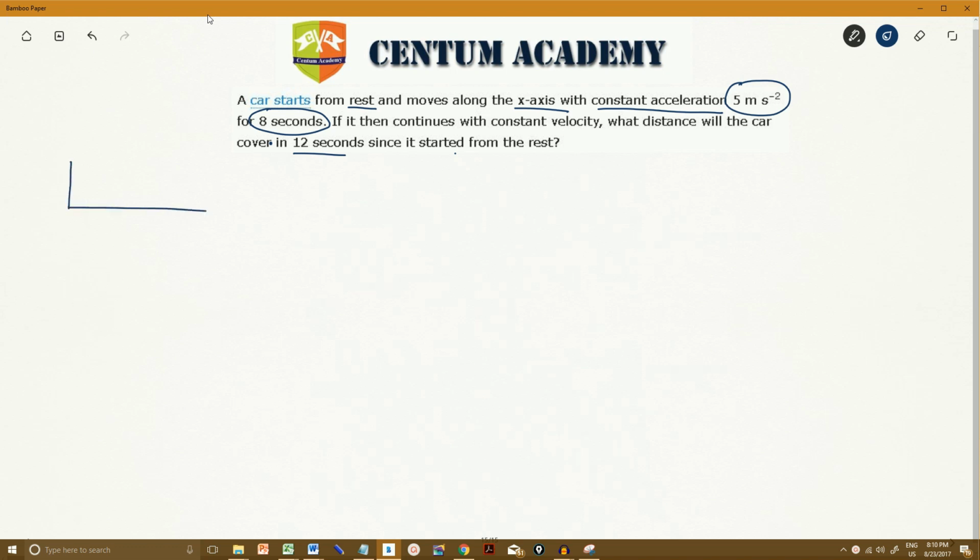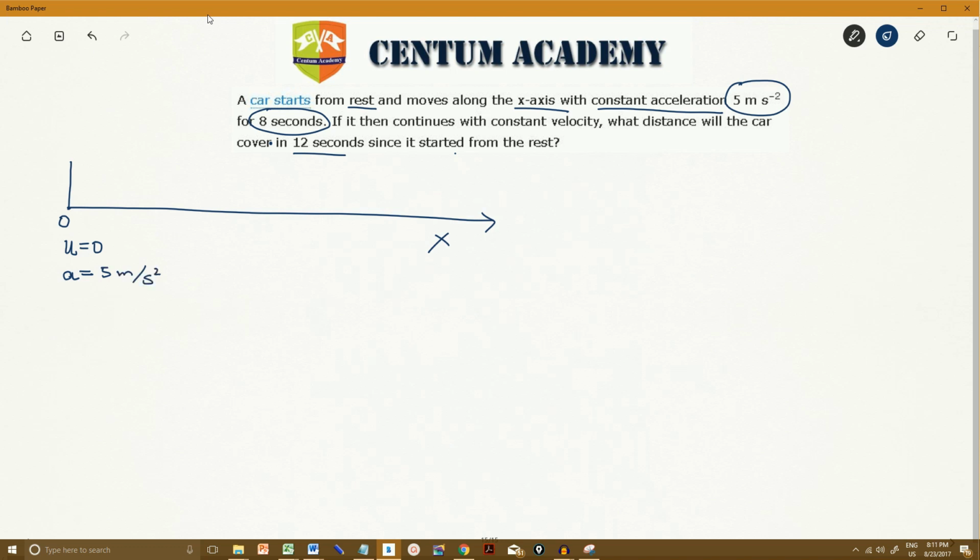So let's say this is the x-axis. The car starts from rest and let's say it starts at the origin. Okay, this is the origin, and it moves along the x-axis with constant acceleration. When it starts from rest, the initial velocity u is equal to 0, and it moves with constant acceleration of 5 meter per second square.